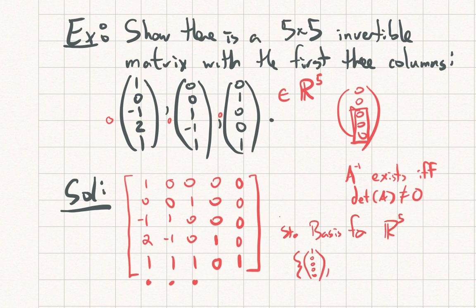So it's a 1 in the first entry and zeros in the others, and then a 1 in the second entry of your vector and zeros in all the others, and then your third entry, your fourth entry, and indeed your fifth entry. That's kind of the most natural basis. If you want to make any vector in R5, it's pretty easy to do with these, taking a linear combination, and clearly these are linearly independent, so it's a linearly independent spanning set. So obviously it's a basis for R5.